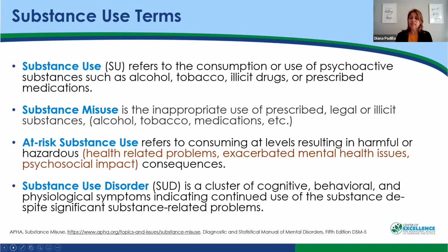That level of consumption is an at-risk level, but it doesn't mean that they meet the criteria of substance use disorder. That's why they're distinct categories. At-risk refers to the level of consumption, and substance use disorder is very specific and meets a criteria.